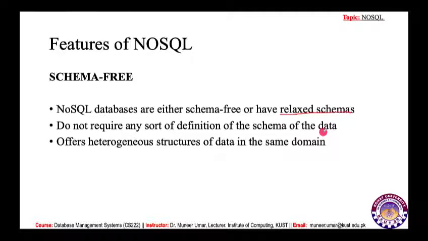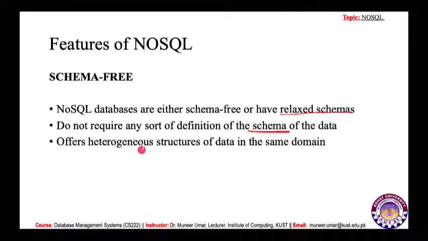There might be some tools which reduce the load of designing the schema, like a tool that may suggest the type of attribute automatically, but still a schema exists in relational databases, while NoSQL doesn't require any sort of definition of schema of the data.